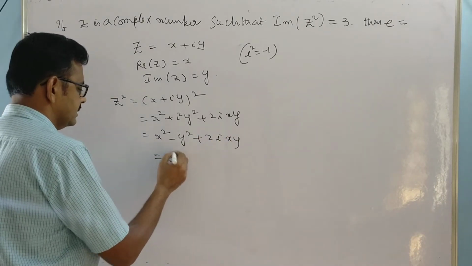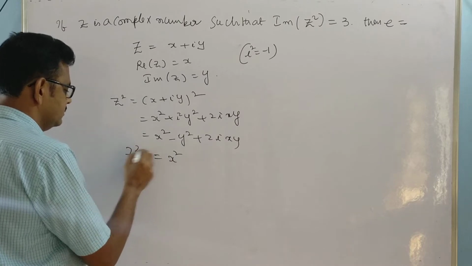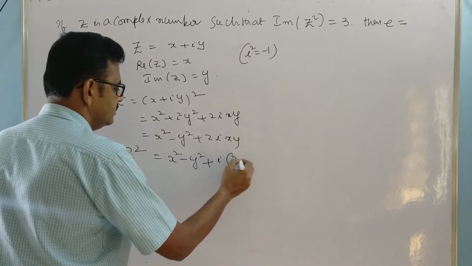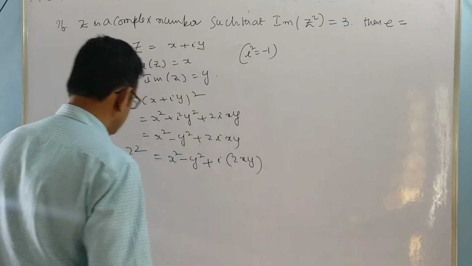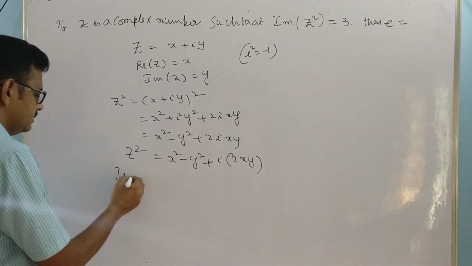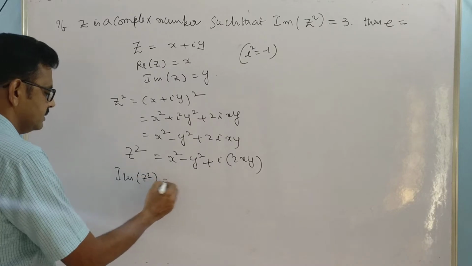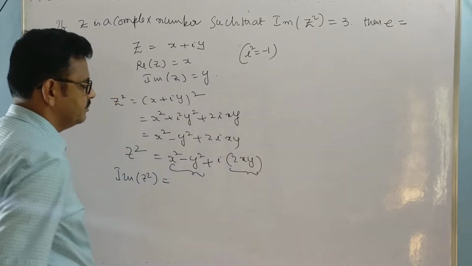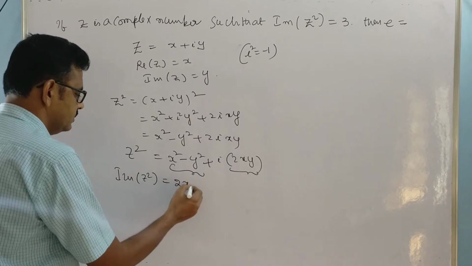So Z square is equal to x square minus y square plus i into 2xy. So what is the imaginary part? The imaginary part of Z square, this is the real part and this is the imaginary part, is equal to 2xy.